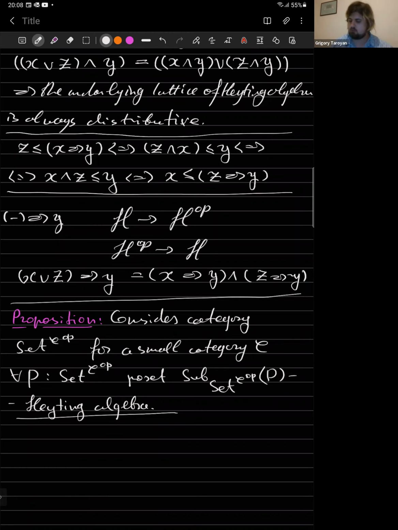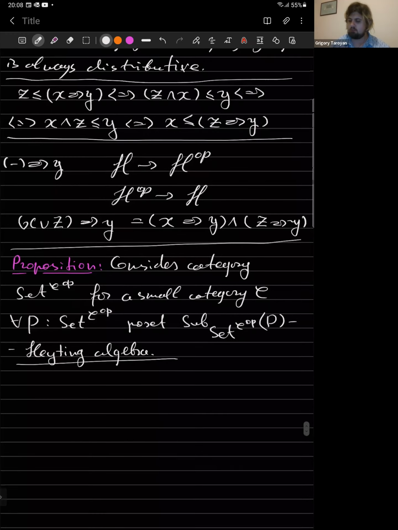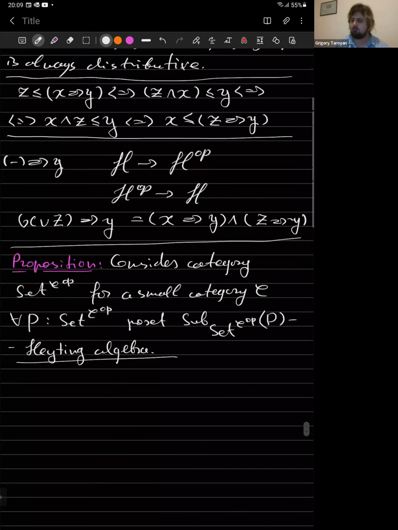What we wanted to do is to prove the following proposition: that we have a presheaf category for some small category C, and we have a presheaf P, and the poset of subobjects forms a Heyting algebra. To do this, we need to give operations on this potential Heyting algebra.